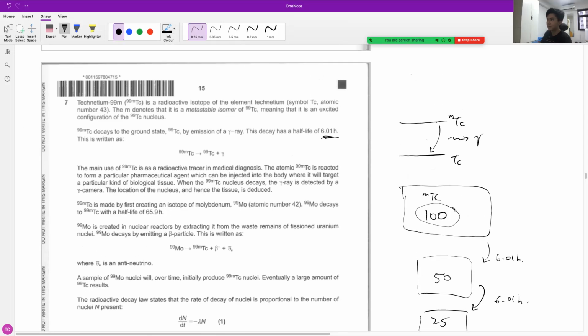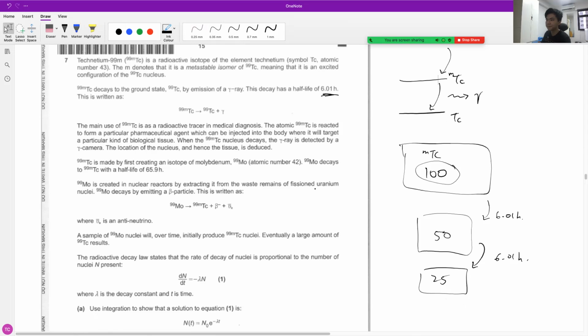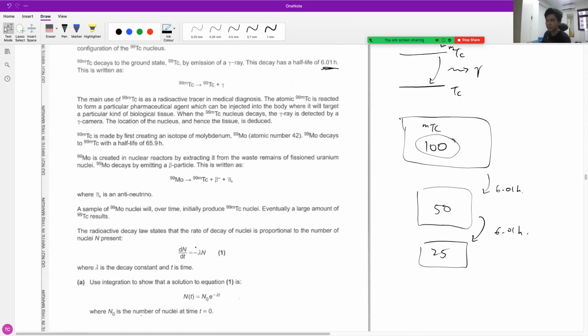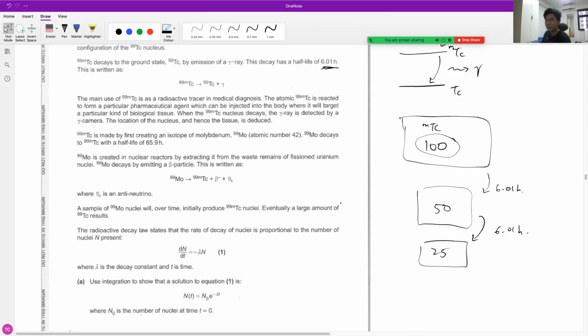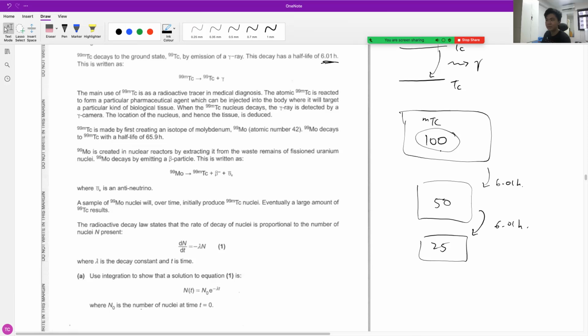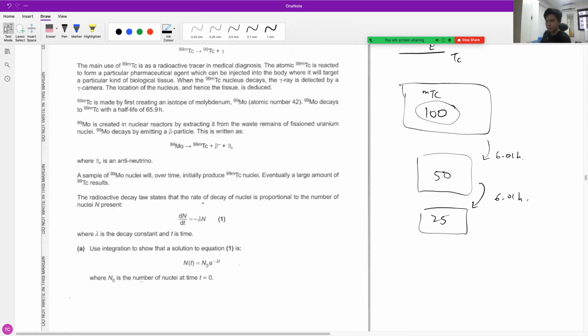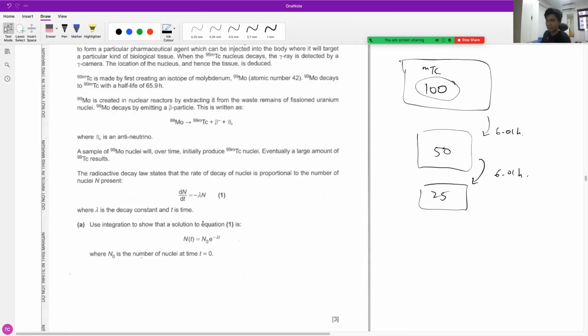It'll emit some other stuff also. So molybdenum will eventually make metastable technetium, and that will eventually decay into technetium, which is why molybdenum will eventually become technetium.